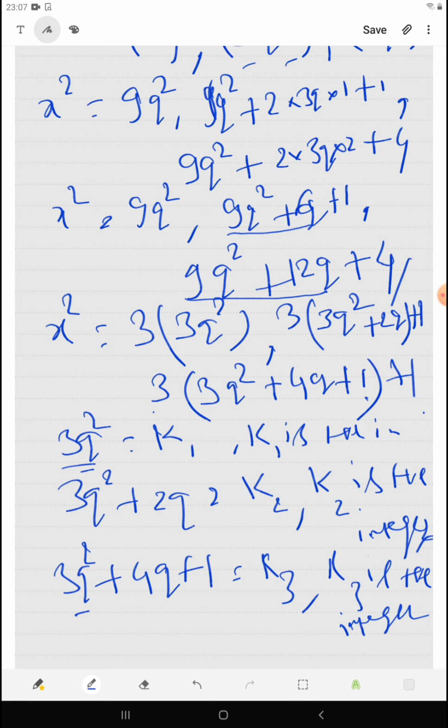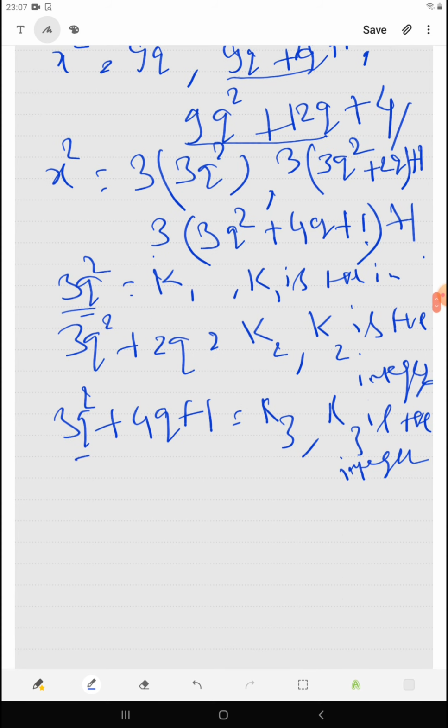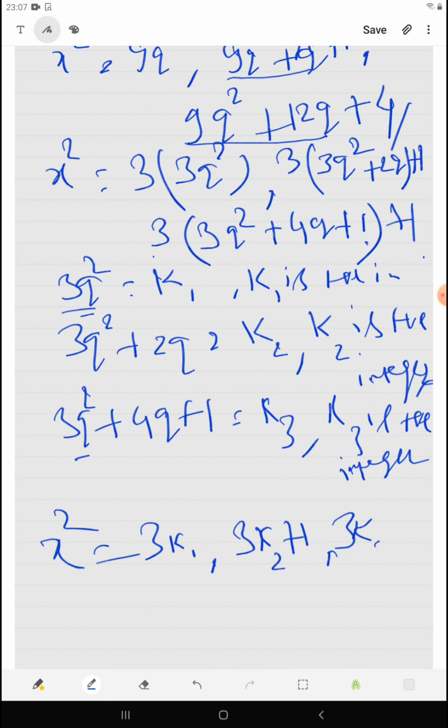Correct? So x square can be written as 3k1, 3k2 plus 1, and 3k3 plus 1. So see over here, k2 is a positive integer, k3 is a positive integer, so it doesn't matter.